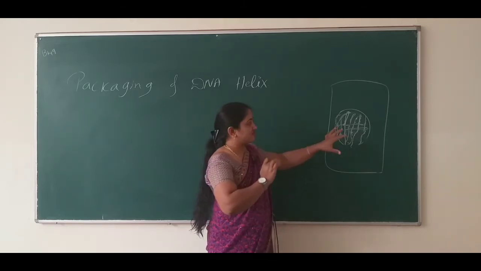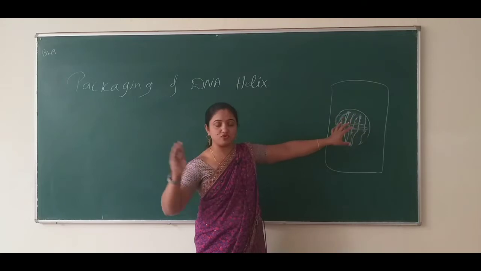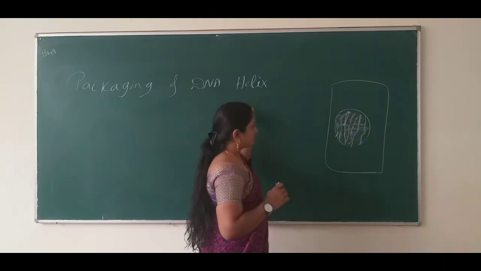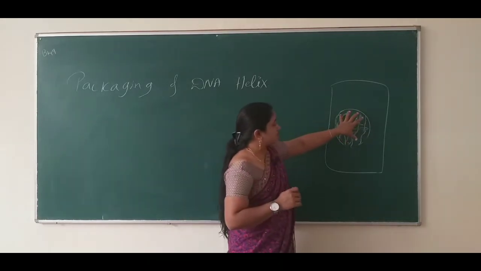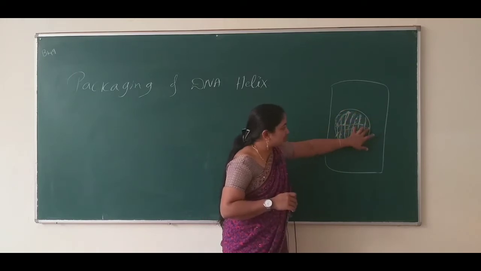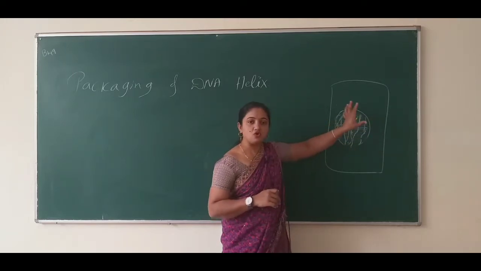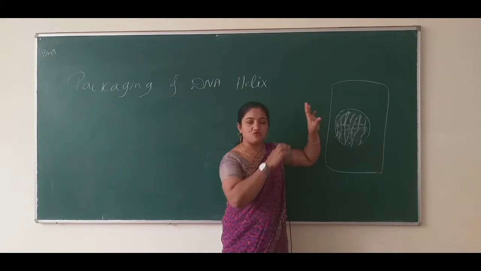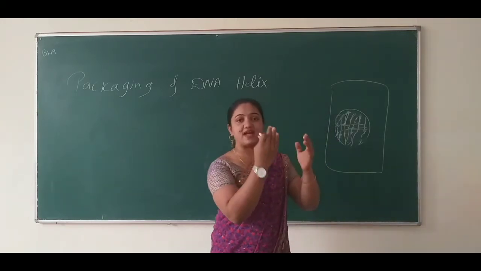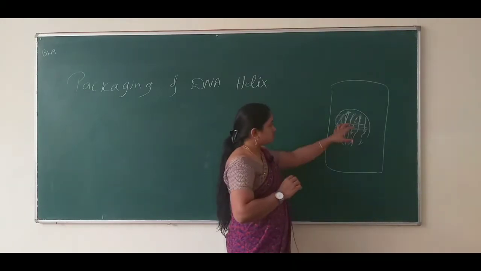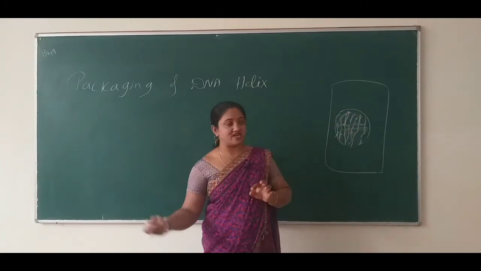Some protein materials are there, I will tell you in detail. So they are beautifully packed in the nucleus. How they get packed, on what they get wrapped around itself, all these things we'll study.